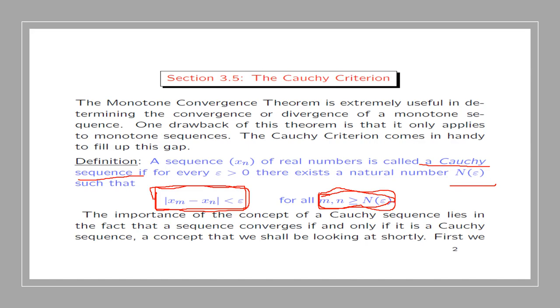Now, when does a given sequence fail to be a Cauchy sequence? If I give you a sequence xn, what does it mean to say that xn is not a Cauchy sequence?